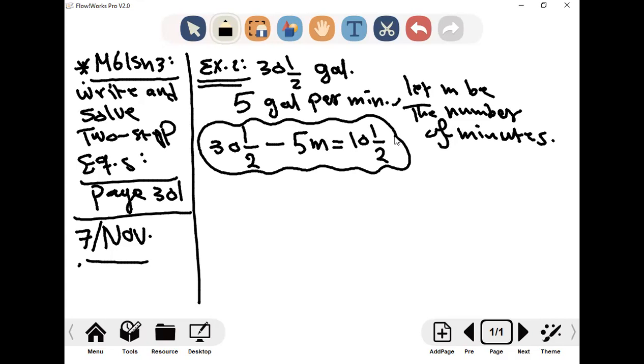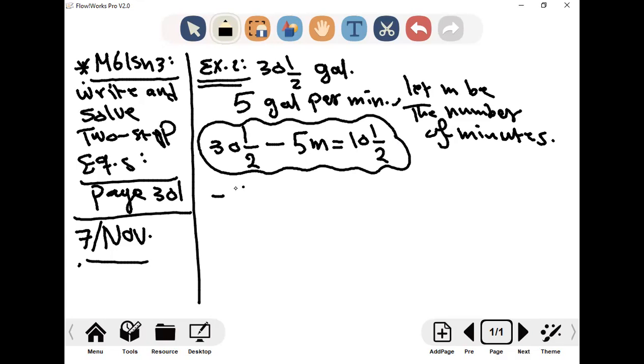Got it? So here, let's solve it. How do we solve it? Where is the constant number here? Our variable is m, right? Where is the constant number? 30.5. And the coefficient is how much? -5, right? So here I need to get rid of the constant number, which is 30.5. I'll push it to the other side.